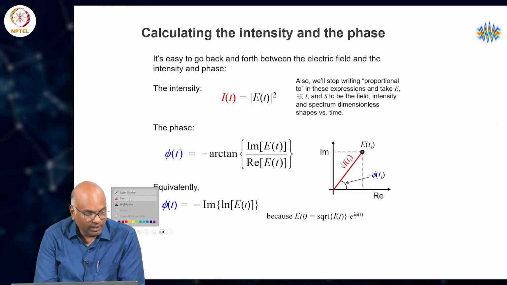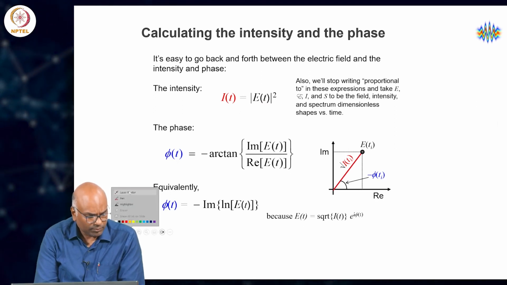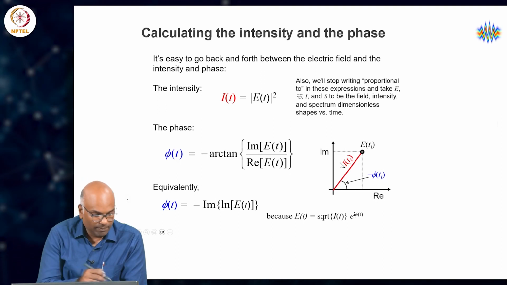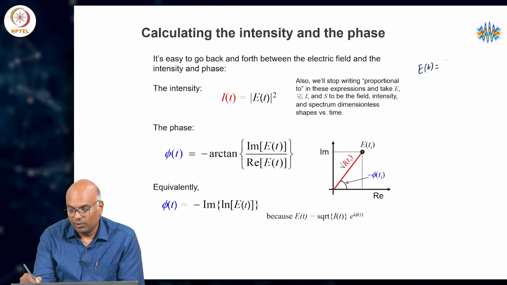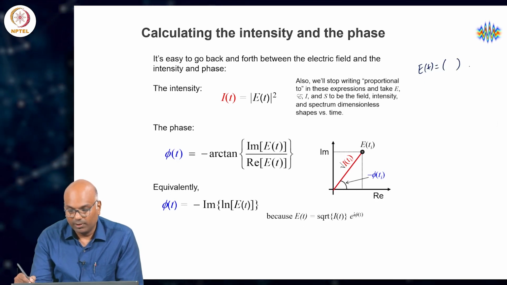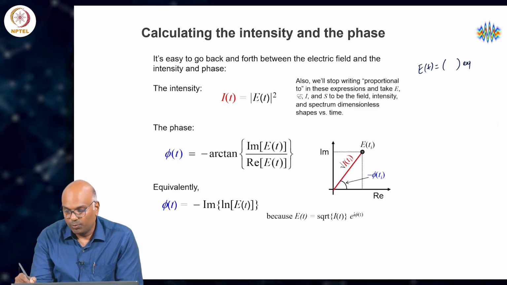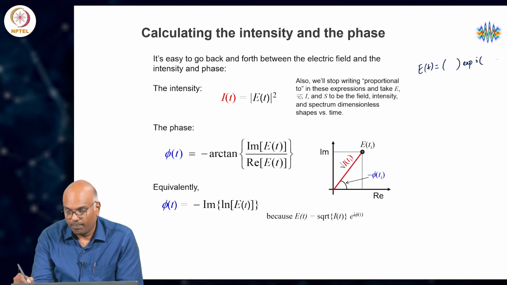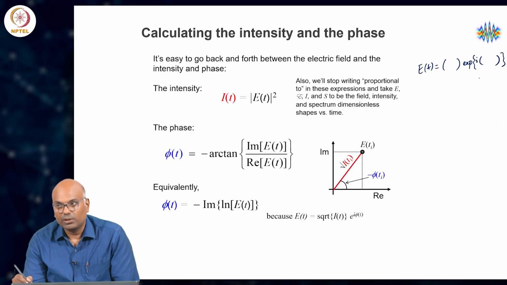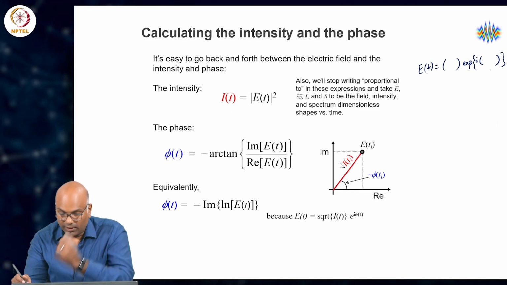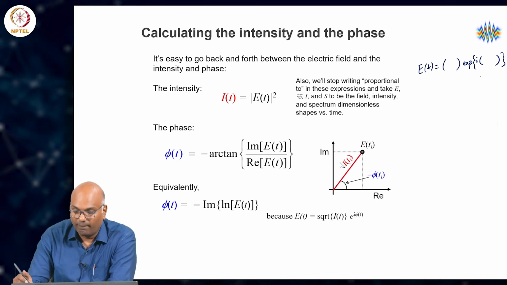So we realize that the function E of t was the envelope and the exponent of i times something. The something was omega naught t minus phi of t. The phase is a function of time.